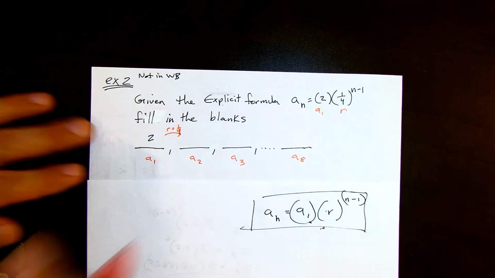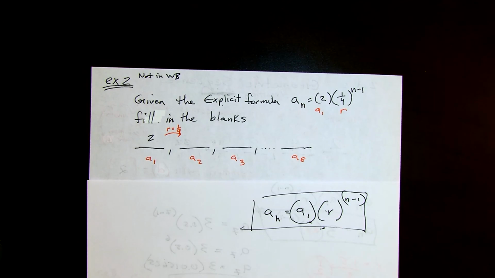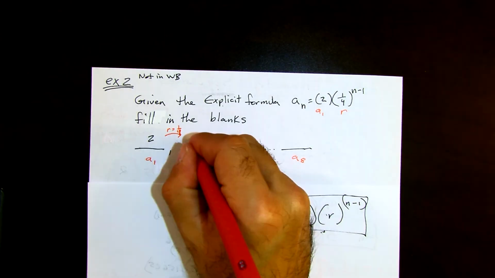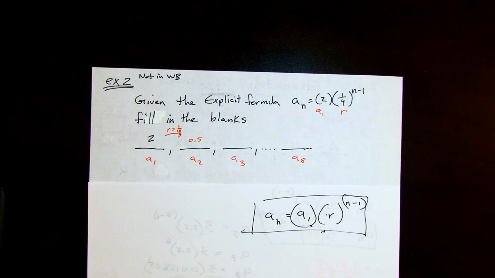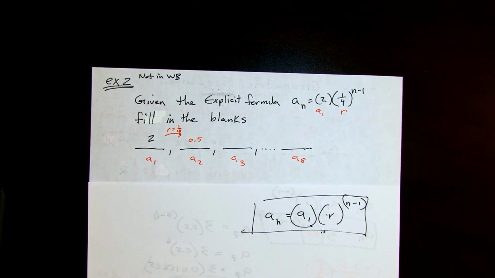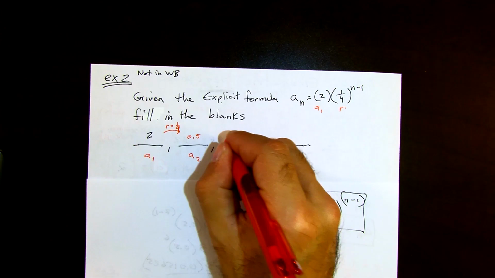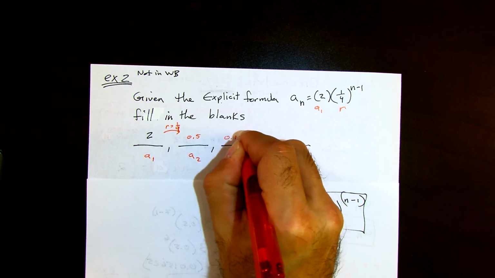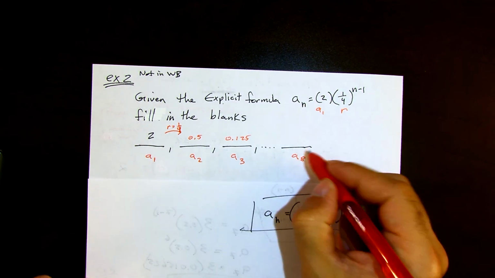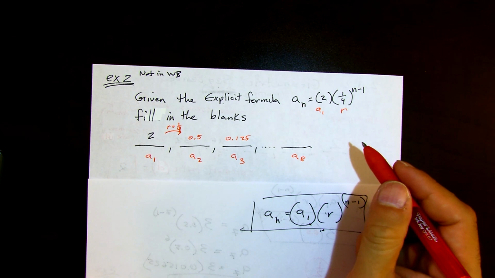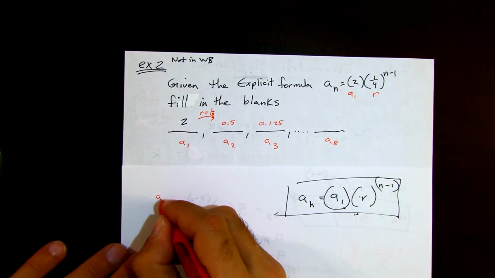So what's 2 times 1/4? 2 divided by 4. 0.5. Okay. And then I'm going to also multiply again by 1/4. And I get 0.125.